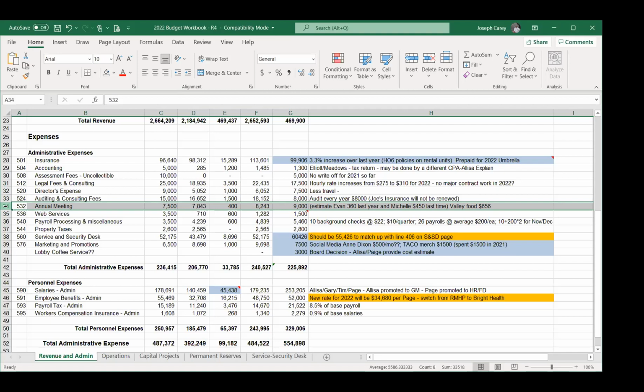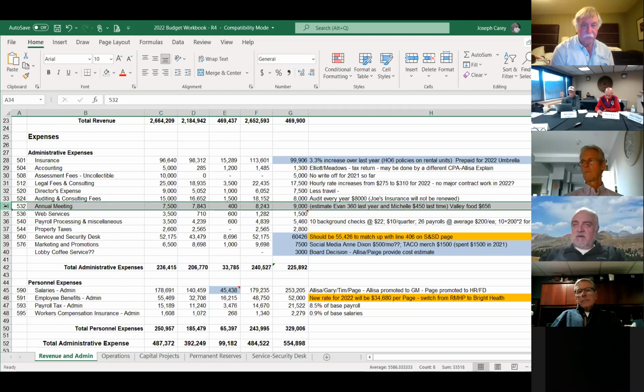So for the May and the September meetings, I'm here anyway. So I would only have one meeting that I would charge for travel, and that would be this one in November. And that'd go under director's expense. Yeah.